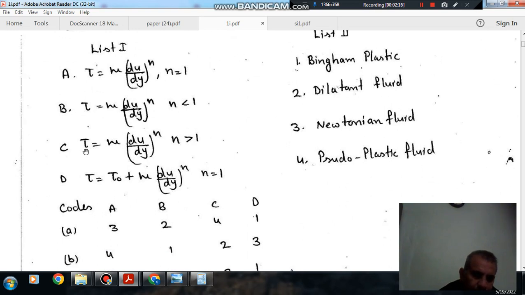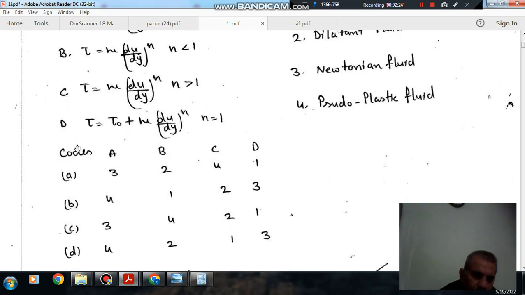Option C, tau is equal to mu du by dy raised to power n, n is greater than 1. 3, Newtonian fluid. Option D, tau is equal to tau naught plus mu du by dy raised to power n, n is equal to 1. 4, pseudoplastic fluid.